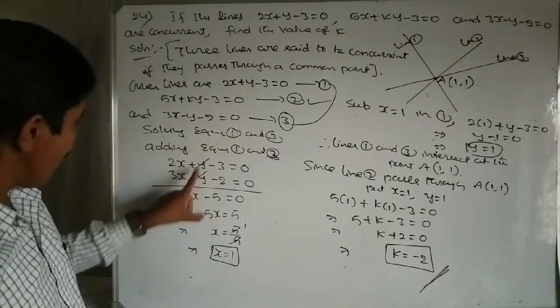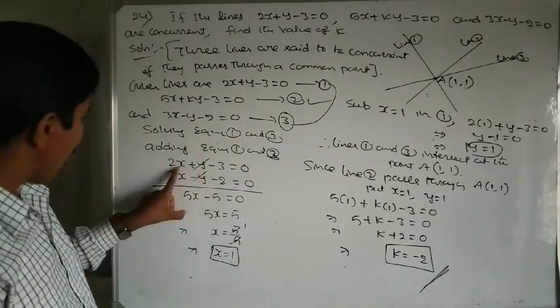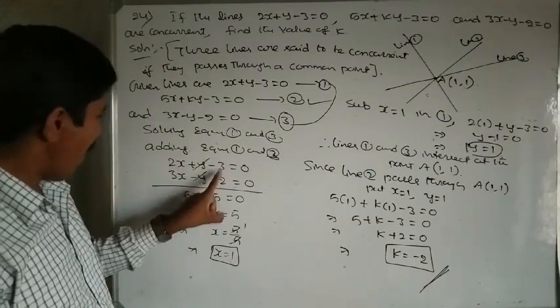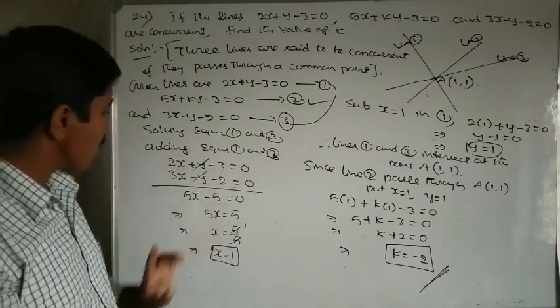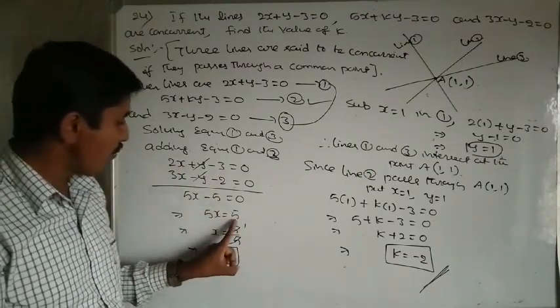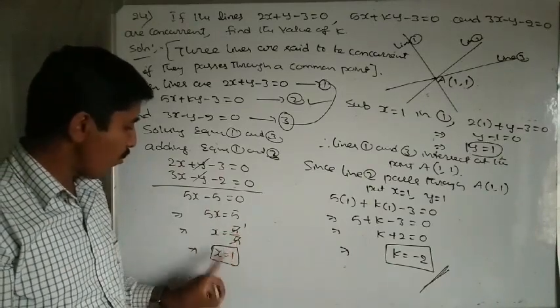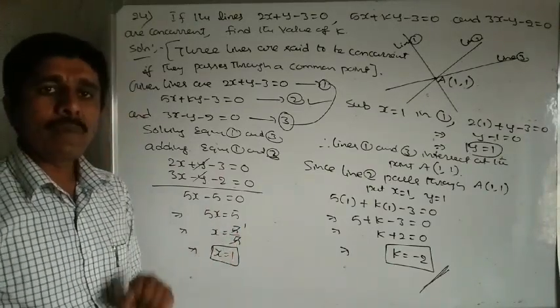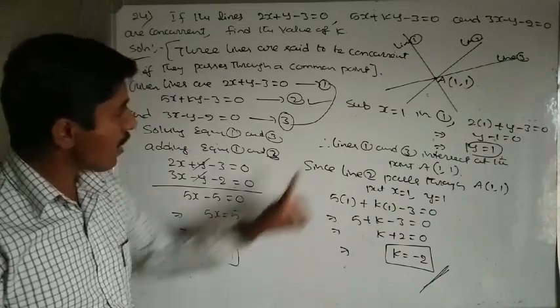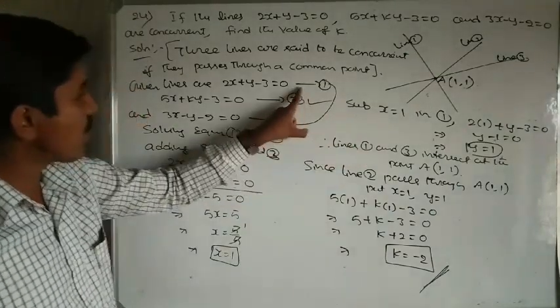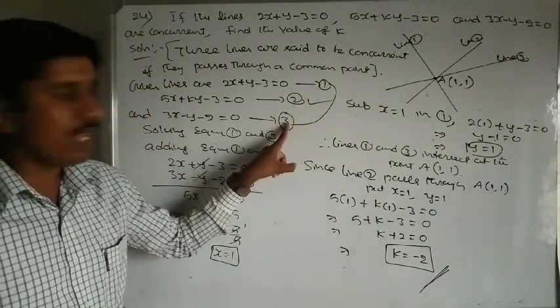Adding, plus y minus y cancels. 2x plus 3x is 5x, minus 3 minus 2 is minus 5, equal to 0. 5x is equal to 5. x equals 5 by 5, so x is equal to 1. Substitute x equal to 1 in equation 1 or equation 3, and we get the y value.